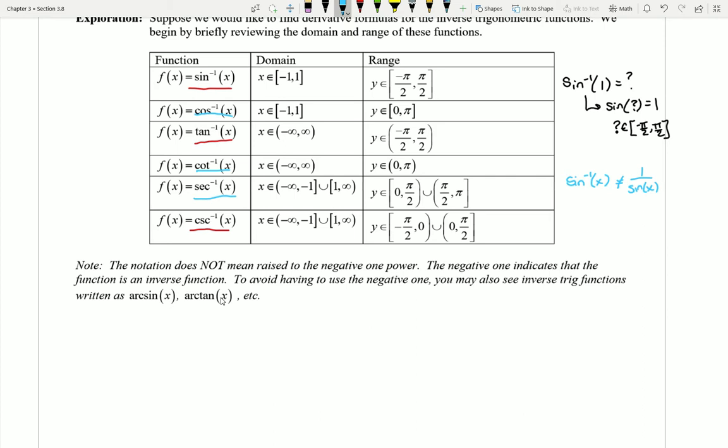So what we're going to be trying to do is to take these functions here and see if we can find some derivatives for them. So let's go ahead and see how we might be able to do this.